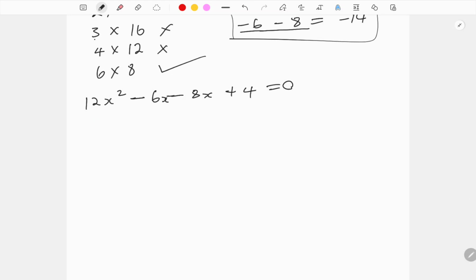And then we are grouping them. So it's 12x squared minus 6x on this side, and the other side is going to be minus 8x plus 4 equals 0.